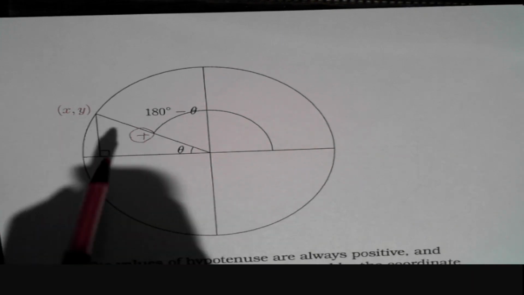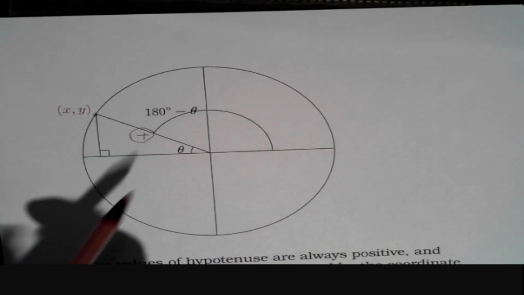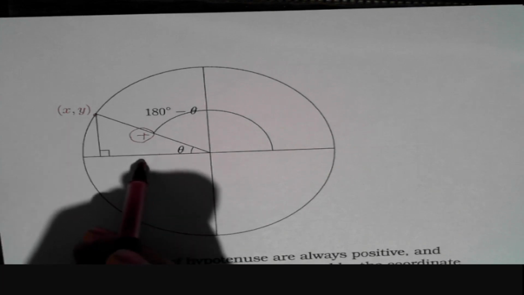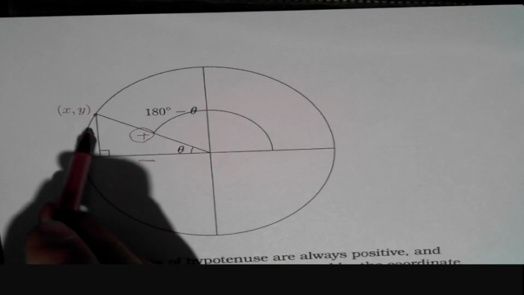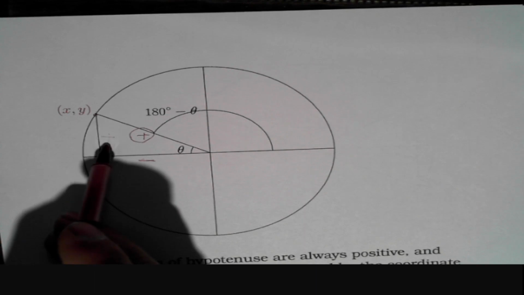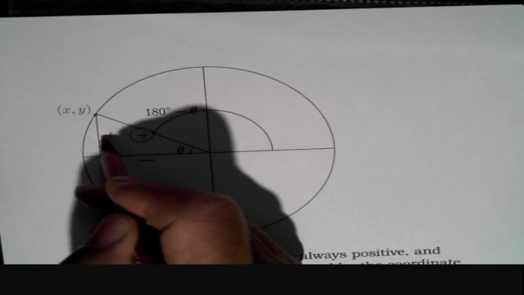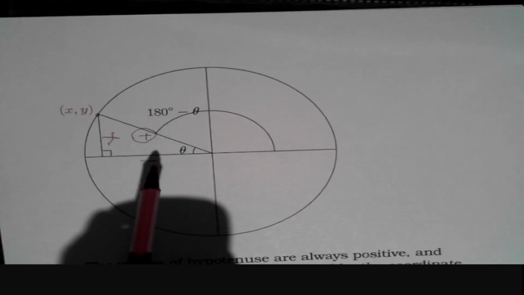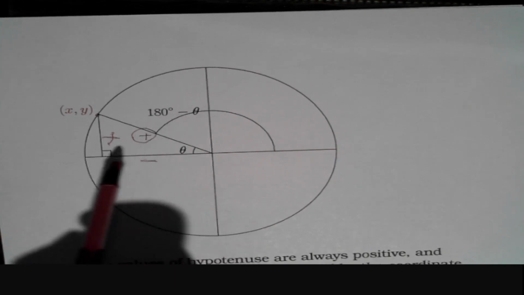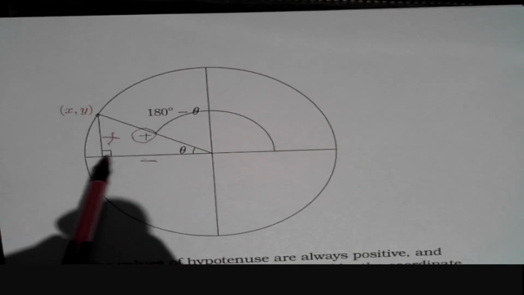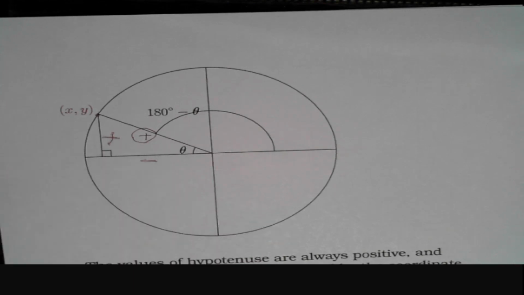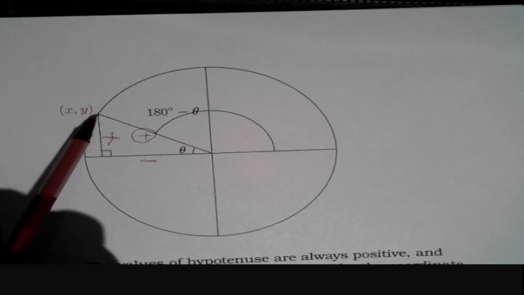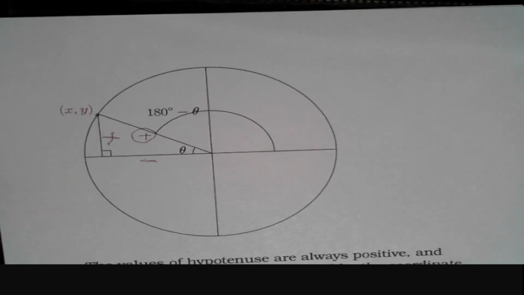In this case, if we have a point here, the value of x will be negative, but the value of y will be positive. Remember that. The hypotenuse will always be positive, and the values of the two sides will be determined by the coordinate values of this point.